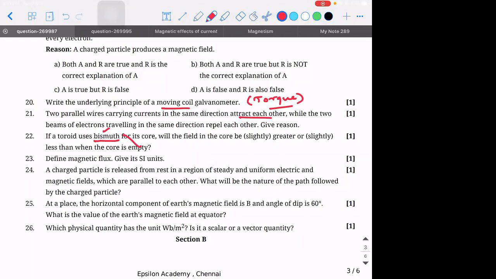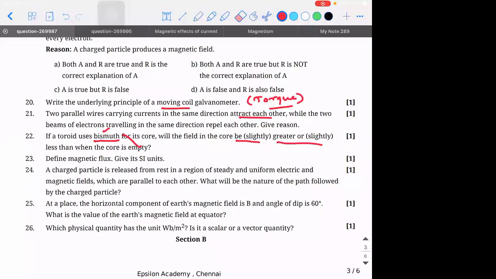Will the field in the core be slightly greater or slightly less than when the core is empty? A diamagnetic material, will it repel or attract the external magnetic field? Will it support or oppose? Oppose.